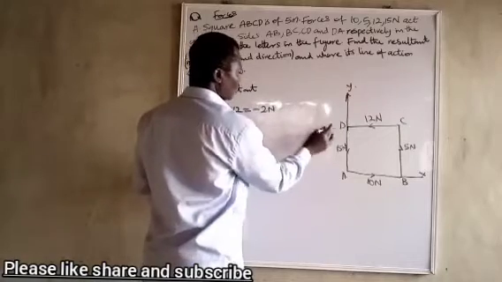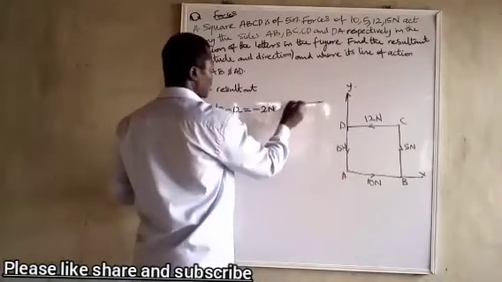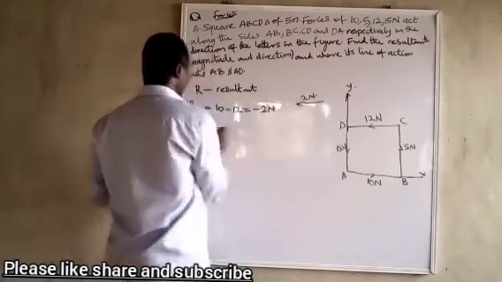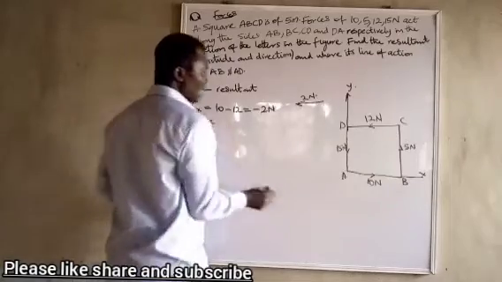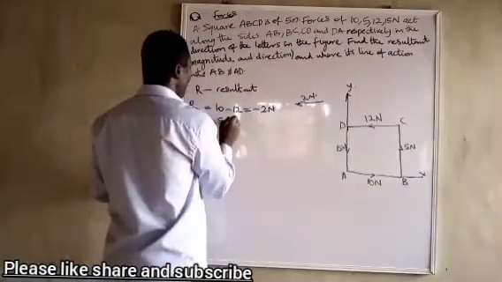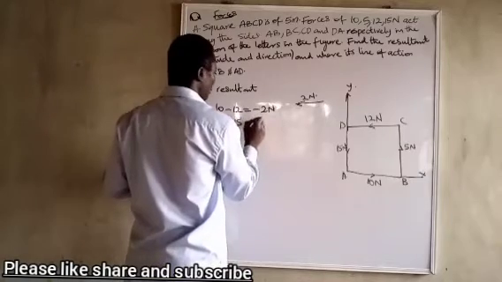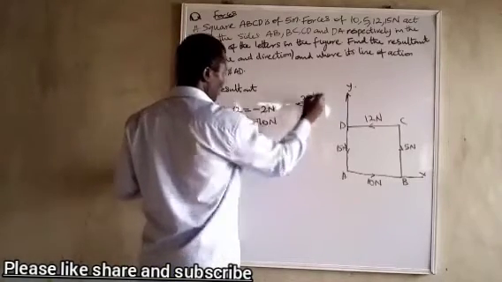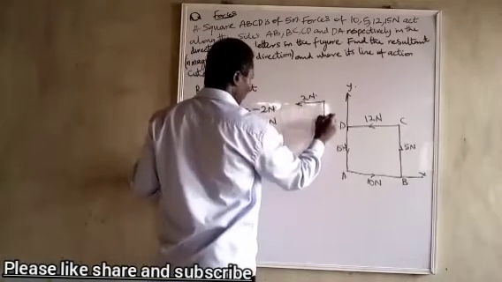That is, its resultant is 2 Newton towards this direction. Ry, we have 5 minus 15, which is minus 10 Newton, which means it is in this direction.